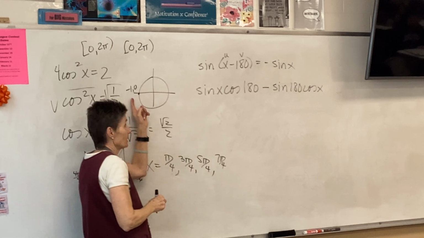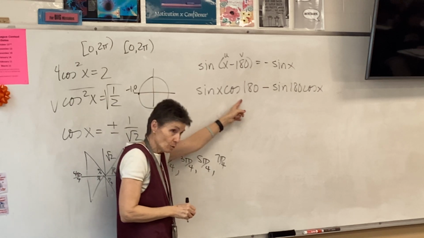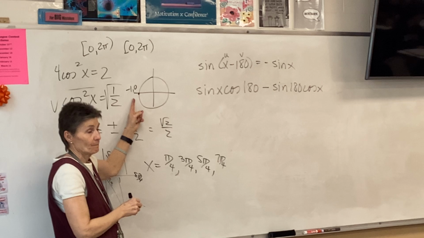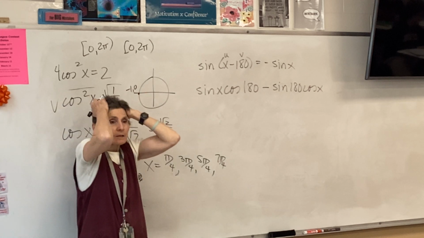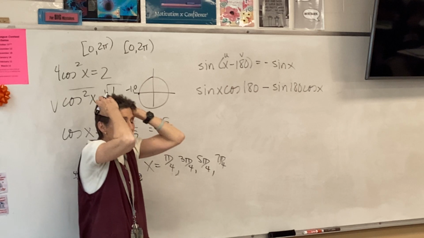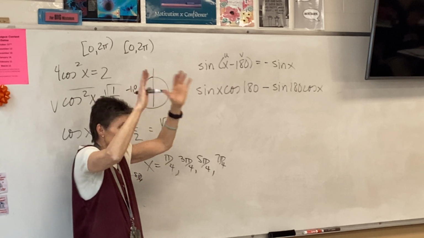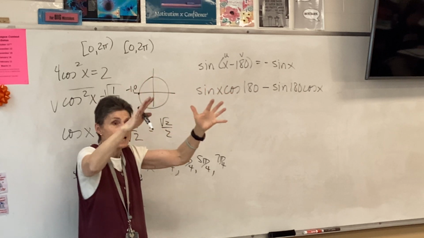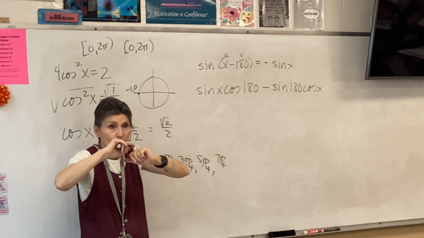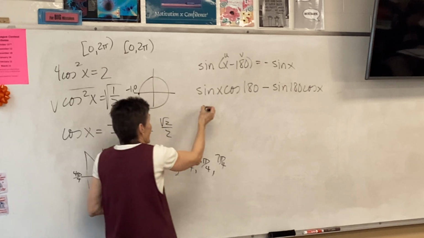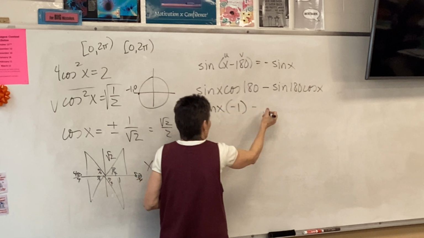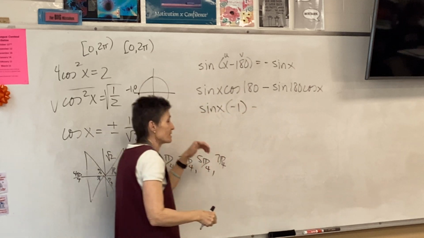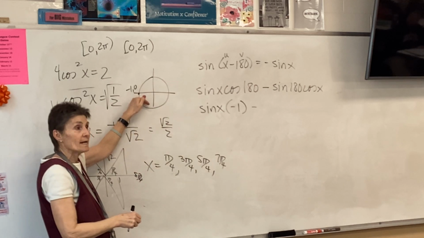What is the cosine over here? You got to know that cosine is x and sine is y. So cosine is negative 1. My bad. What's the sine of 180? 0.